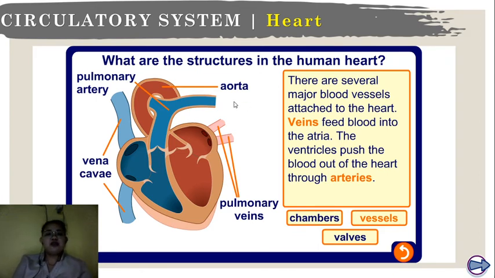Ma'am, kanina sabi nyo, pag artery, ang dala-dala po ay oxygenated. Sabi natin, except for pulmonary artery. Okay, kasi lilinisin pa lang siya. Kailangan niyang pumunta ng lungs. Okay, so this one naman, pag pulmonary vein, sabi natin kanina, pag vein, kailangan deoxygenated blood, kasi papunta sa puso, galing ibang parte.